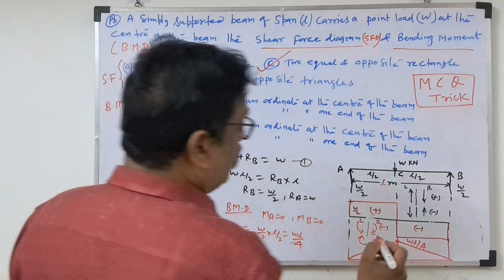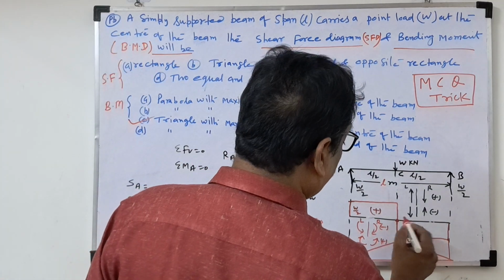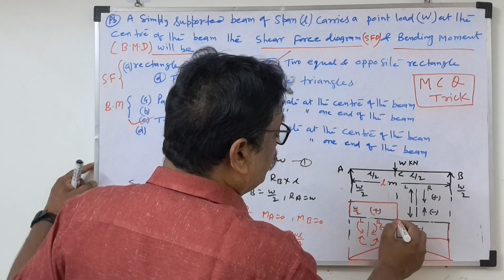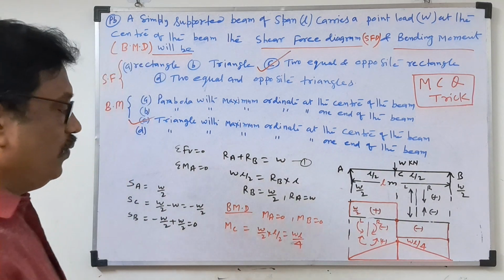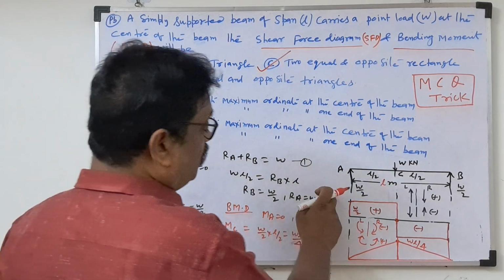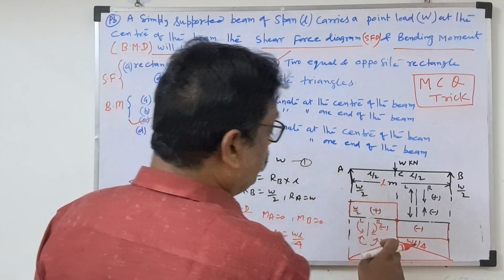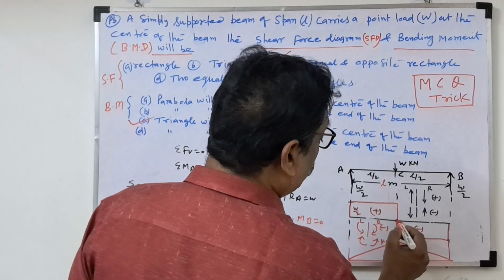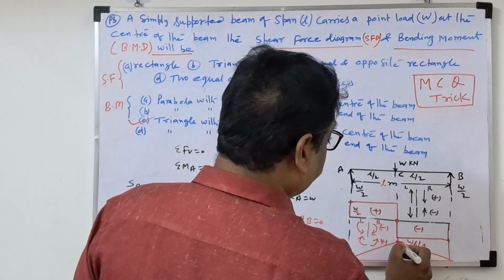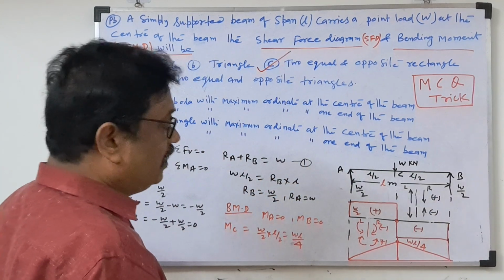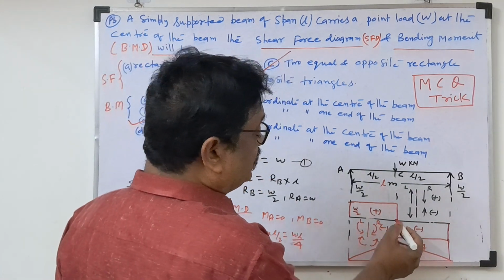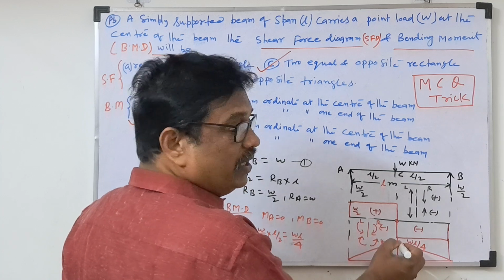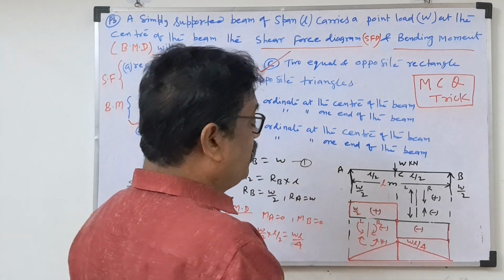Then if they ask what the maximum bending moment is, the maximum bending moment will come where the shear force is 0. If the given choices are 0, positive, and maximum, or if they give a choice where the shear force changes sign, then where the shear force changes sign is where the bending moment will be maximum.